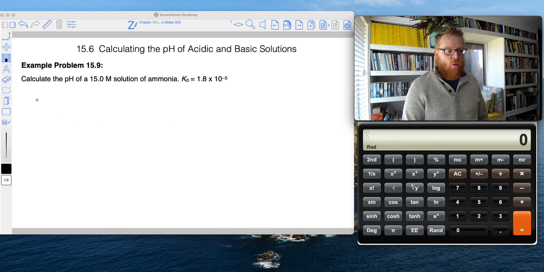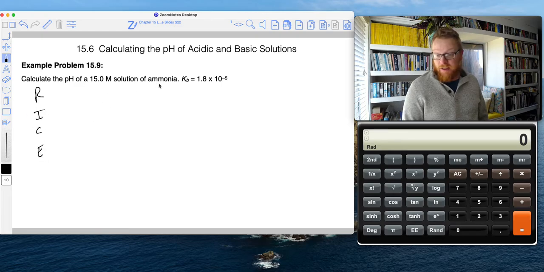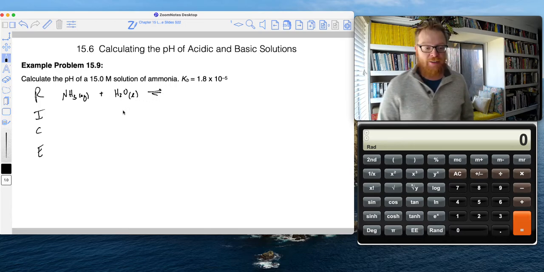Okay, so we'll set up our RICE table. Our reaction is ammonia, NH3. With this weak base reaction, we do need to include the water to get the reaction correct.